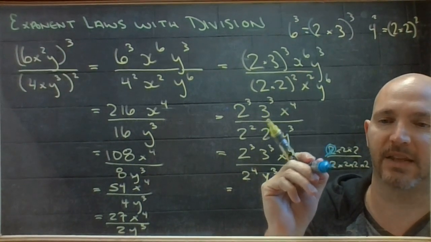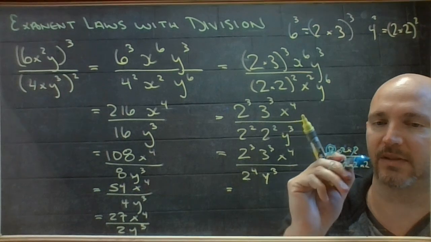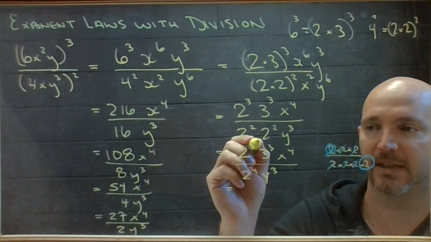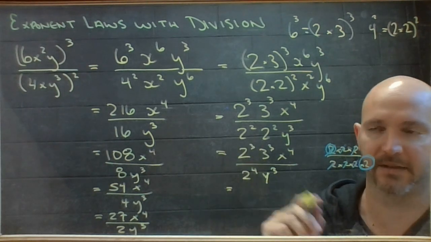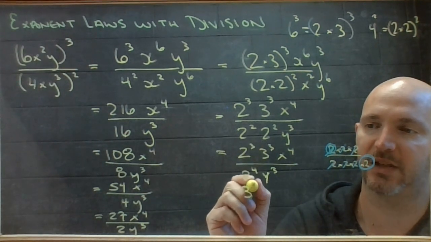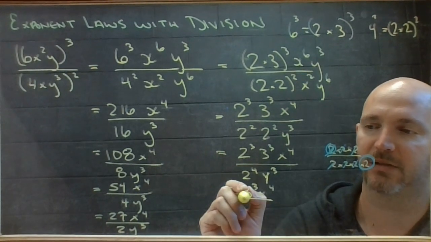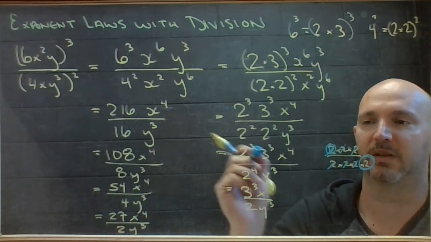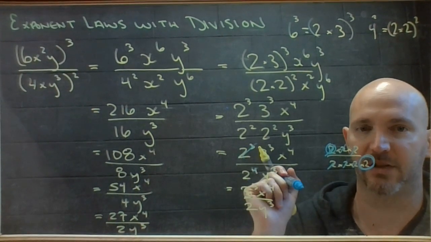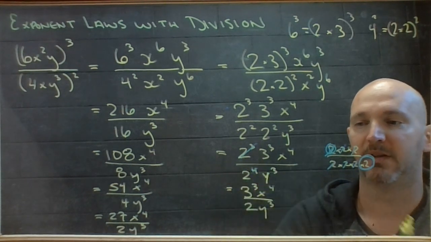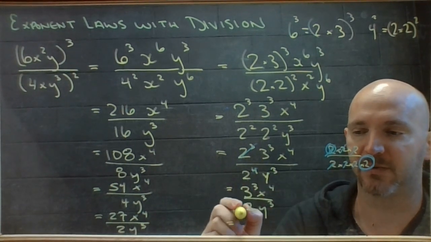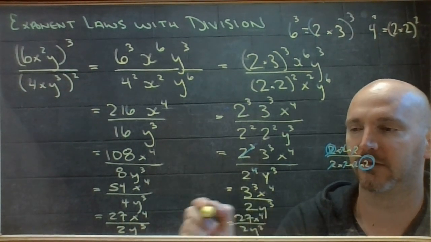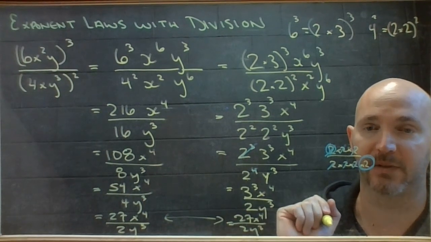This divides out, this divides out, this divides out, and I'm left with just one factor of 2 in the bottom. So I can eliminate this thing and that thing, and it leaves just the 3 cubed x4 over 2 y cubed. Because this and this have canceled each other out. Now, if you notice that 3 cubed happens to be 27, then you get an identical match to what we had over there.